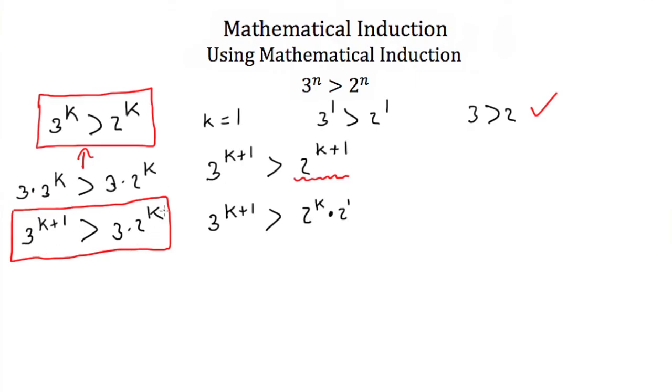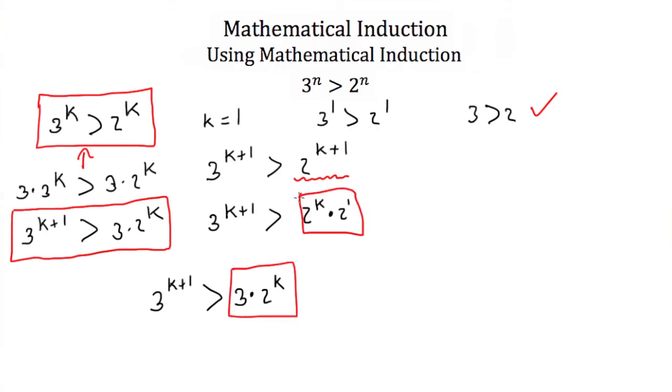Well, I know from this statement here that this is true. 3 to the k plus 1 I know is greater than 3 times 2 to the k power. This is the statement that I know is true. I can also look at these two. Remember, k comes from our natural numbers.